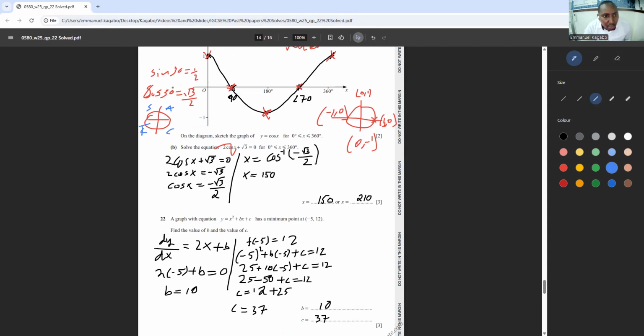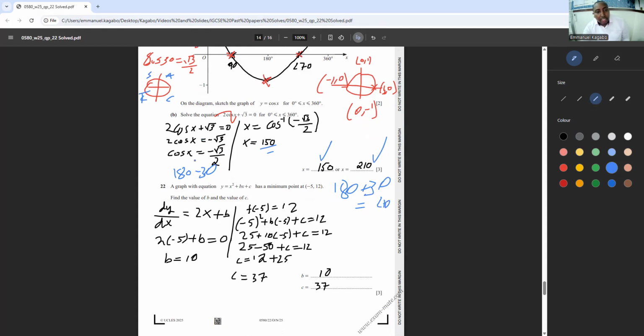After knowing that it's going to be 30, I need to look for the angle. So how do we get angles in the second quadrant? We get 180 minus the acute angle, and that's how we're getting 150. Then how do we get angles in the third quadrant? 180 plus 30, and that gives me 210. Is that okay, guys?